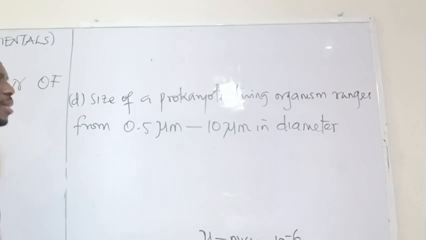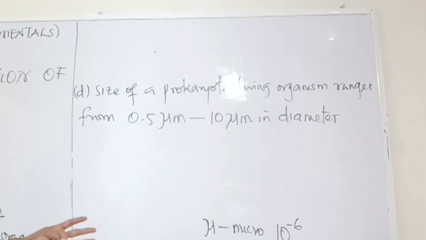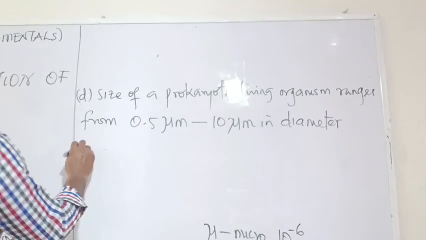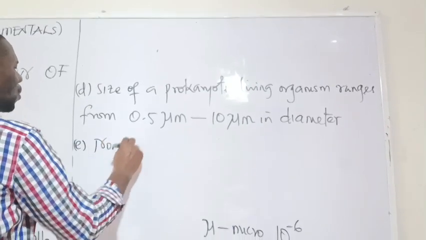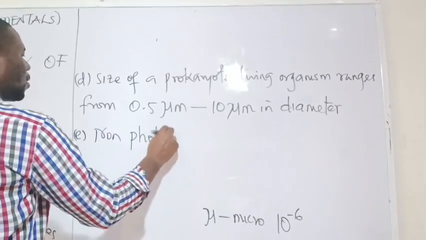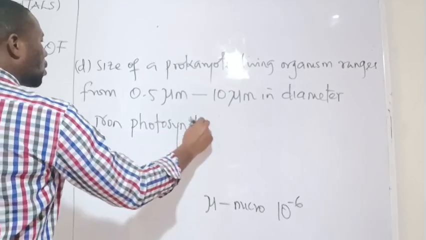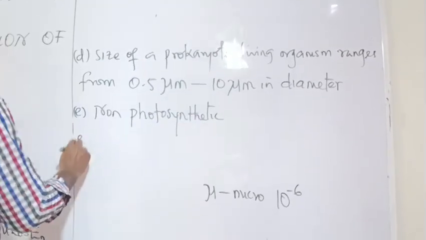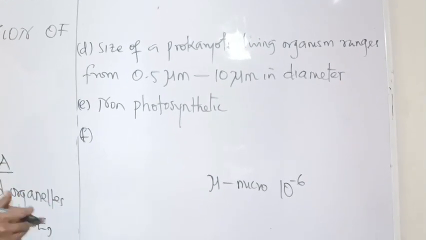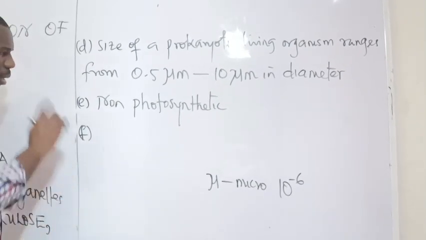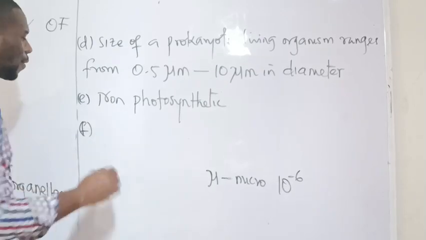And of course, since there is no site for photosynthesis, there is no chloroplast there. So E, they are non-photosynthetic. And of course, there are no nuclear materials found there.